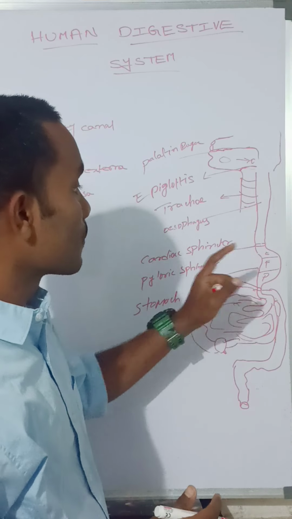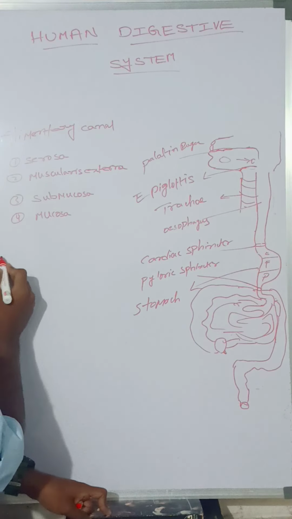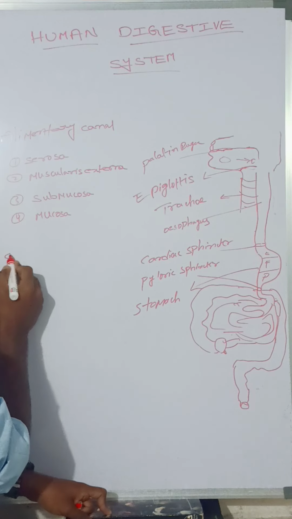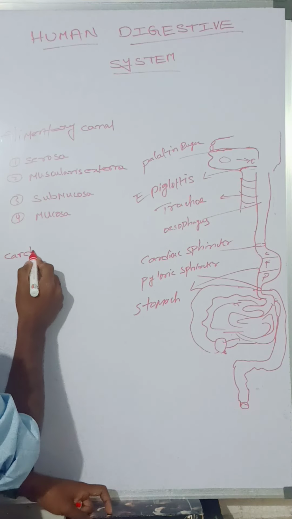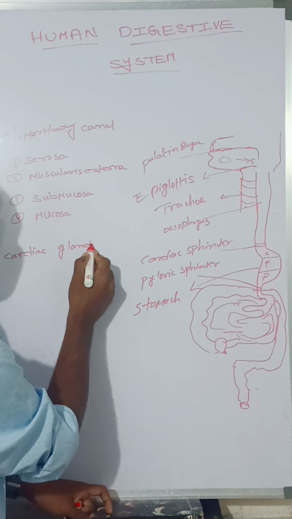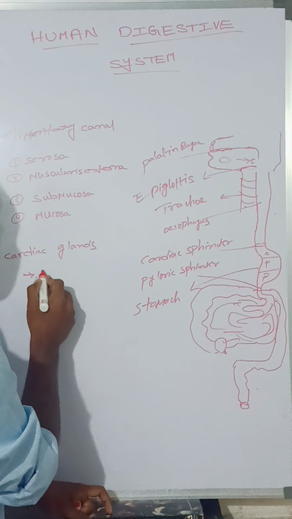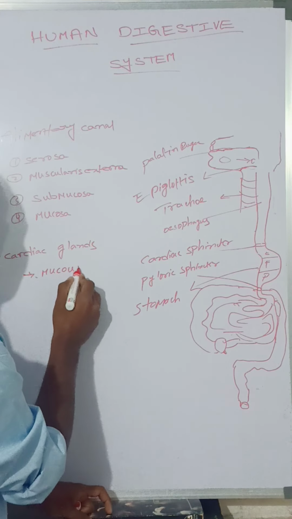The glands present in the cardiac region are called cardiac glands. What will they secrete? They secrete mucus.